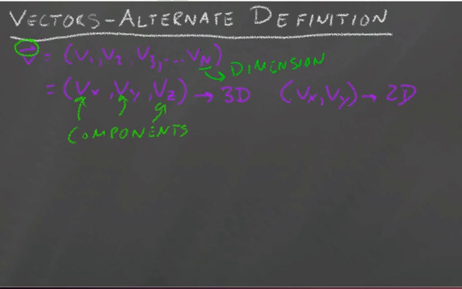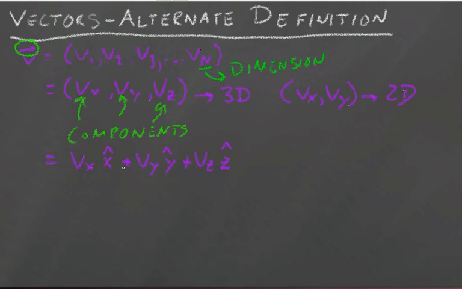Okay? So another notation that's commonly used is we can write a vector as vx x hat plus vy y hat plus vz z hat. Now don't worry too much about what these actually mean. We call them unit vectors, and in about 2 or 3 modules from now we're going to talk about that in detail.